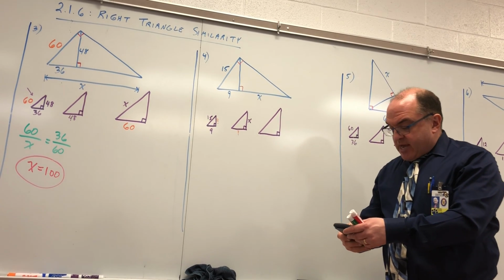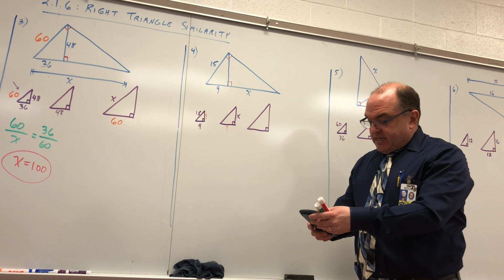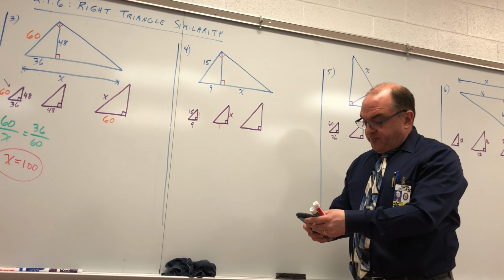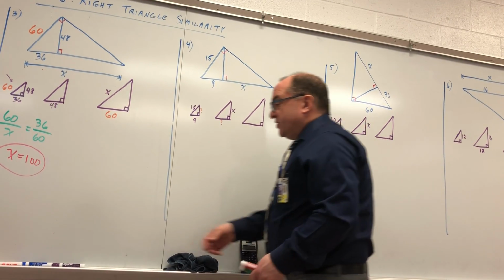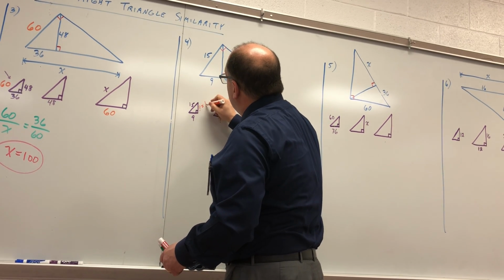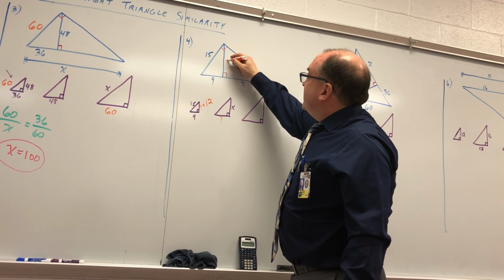So on your calculator, what is the square root of 15 squared minus 9 squared? And you get 12. So this guy here is 12.